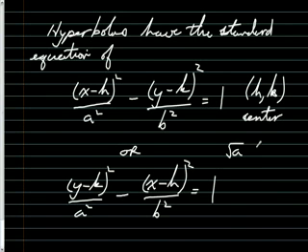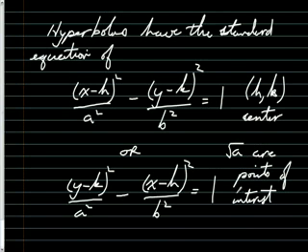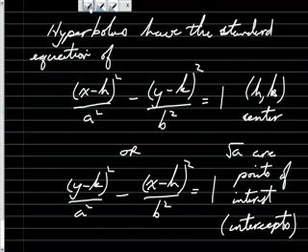A, or more rather the square root of a, are points of interest. Now in this case, I'm going to put in brackets, these are intercepts. In fact, let me just back up and reword this.